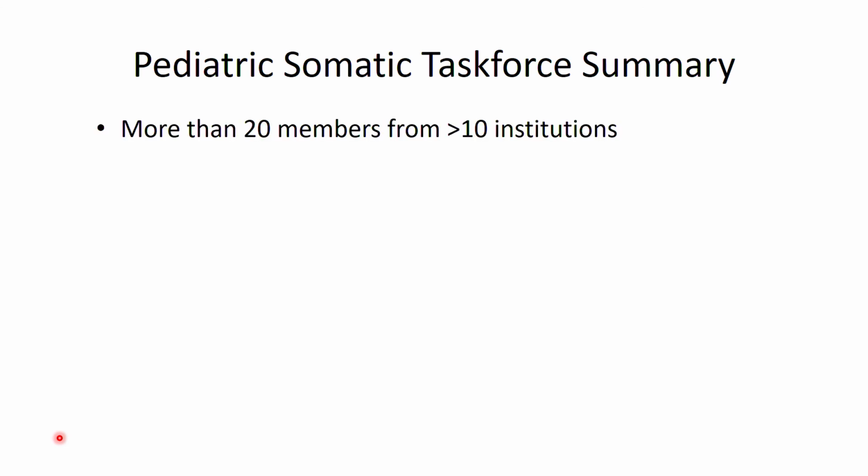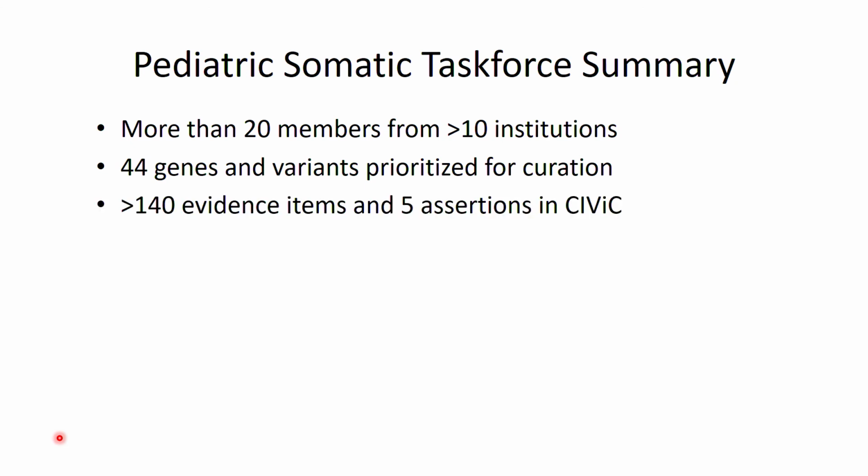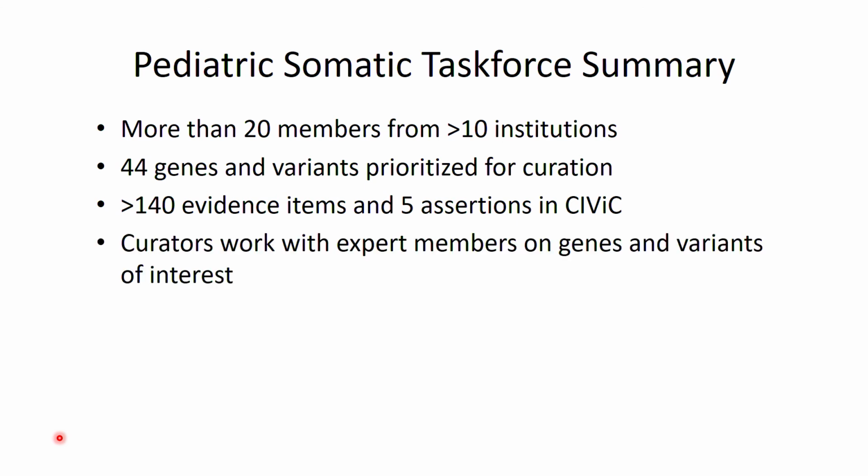Just to summarize, what has the Pediatric Task Force done so far, and where are we going? We currently have more than 20 members from more than 10 different institutions. We prioritized 44 genes and variants for curation. We entered more than 140 evidence items and 5 assertions in CIViC. And we have our curators working with expert members on genes and variants of interest.